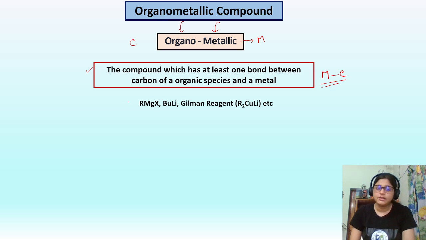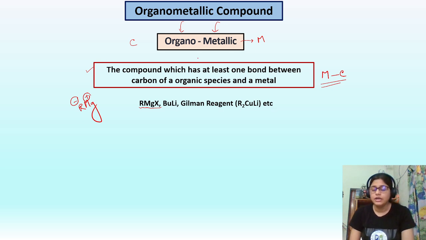For example, we know that Grignard reagent, RMgX, is nothing but an organometallic compound. Here R minus and Mg plus, this kind of polarity difference is there, and butyl lithium is also the same thing. Gilman's reagent we know, R2CuLi, etc.